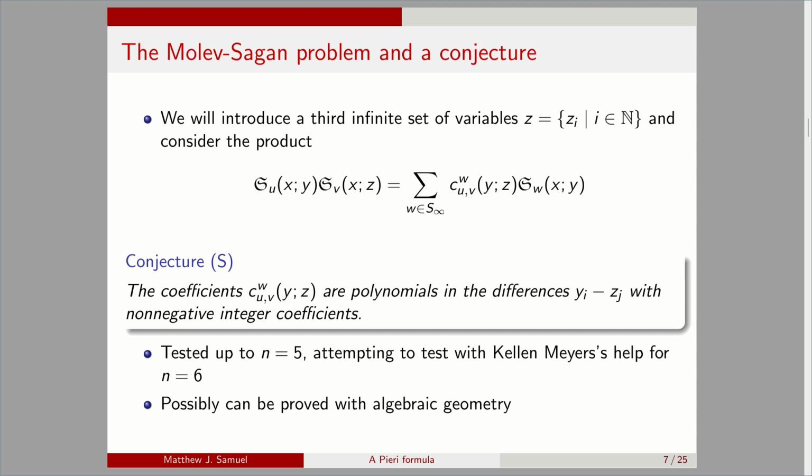I have a conjecture that the coefficients c_{uv}^w(y,z) are polynomials in the differences y_i minus z_j with non-negative integer coefficients. This is pretty hard to test. I've tested it up to n equals 5, and I'm using Kellen Myers' machine to test n equals 6, and it's been running for months, but the end is in sight. Although it may not be necessary to test once it can be proved with algebraic geometry, although that has not been done yet.